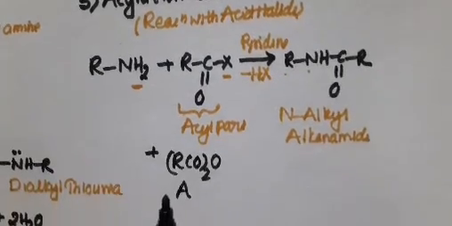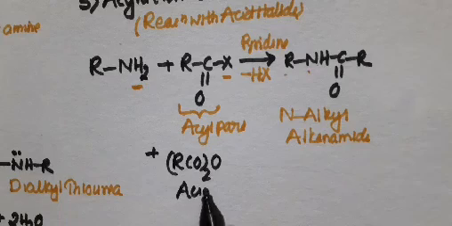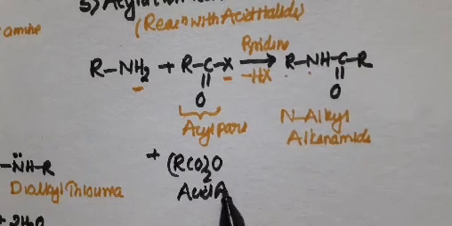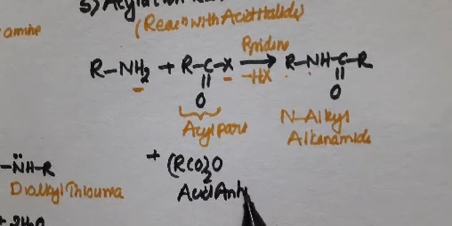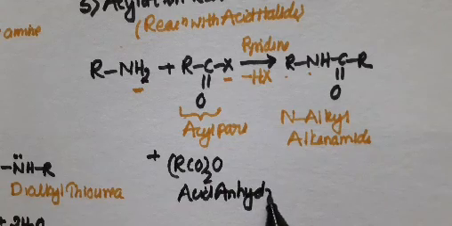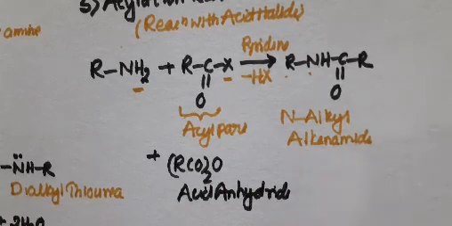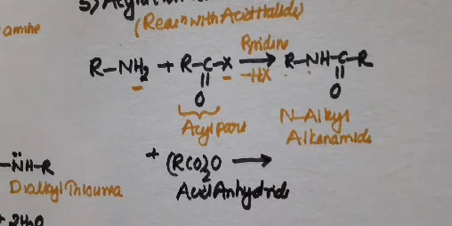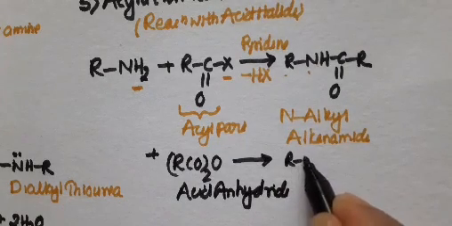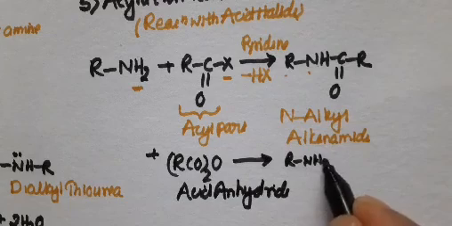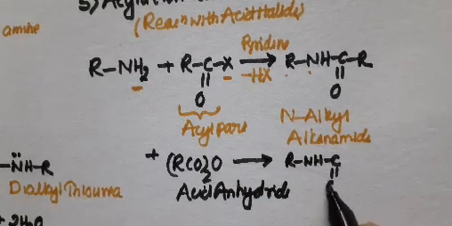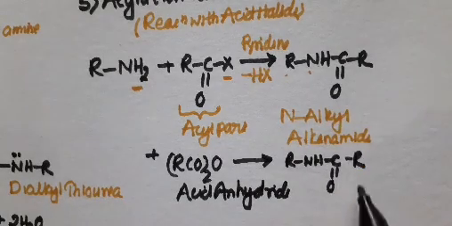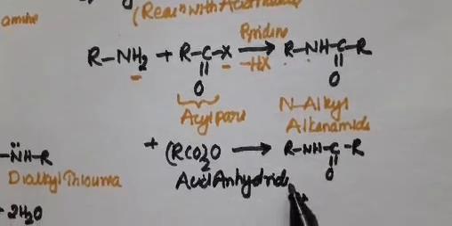A similar type of reaction can be carried out by taking acid anhydride. This is acid anhydride. The condition of the reaction remains the same, and the product will also be the same, RNH-C double bond O-R, but the byproduct will be different.